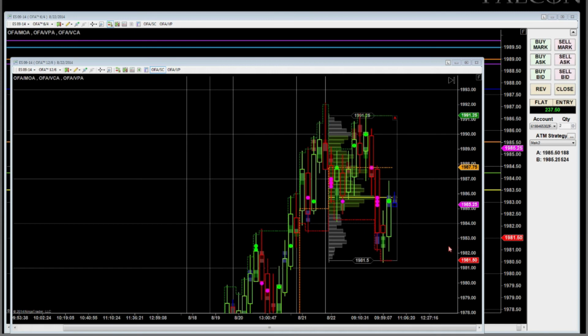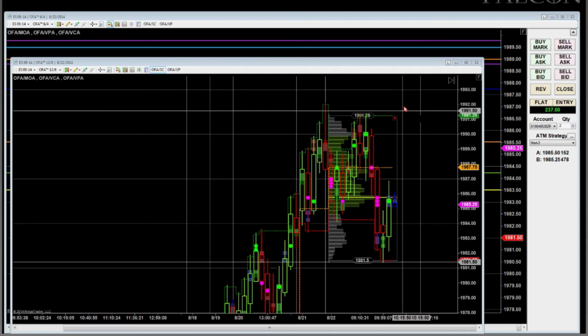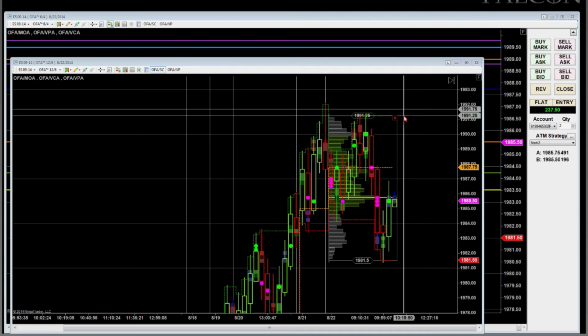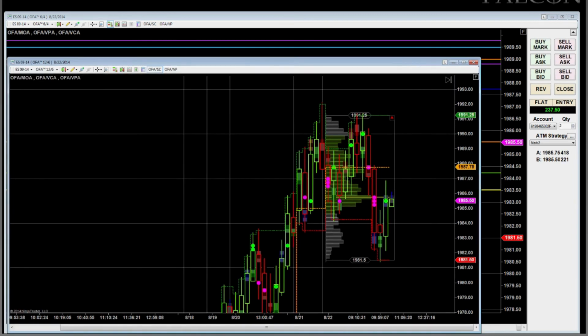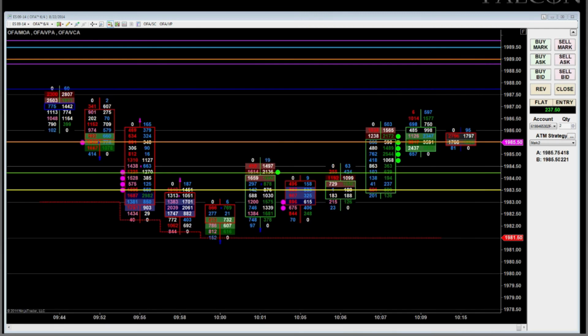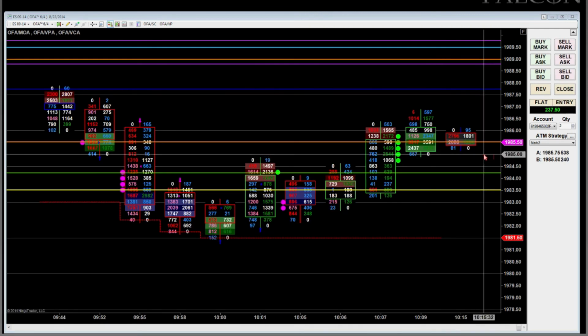I wasn't paying attention, but this is about 10 points from the top of the day. Right there, 81.50. One tick away from 10 points. And we all know how the ES likes to move in 10-point increments.